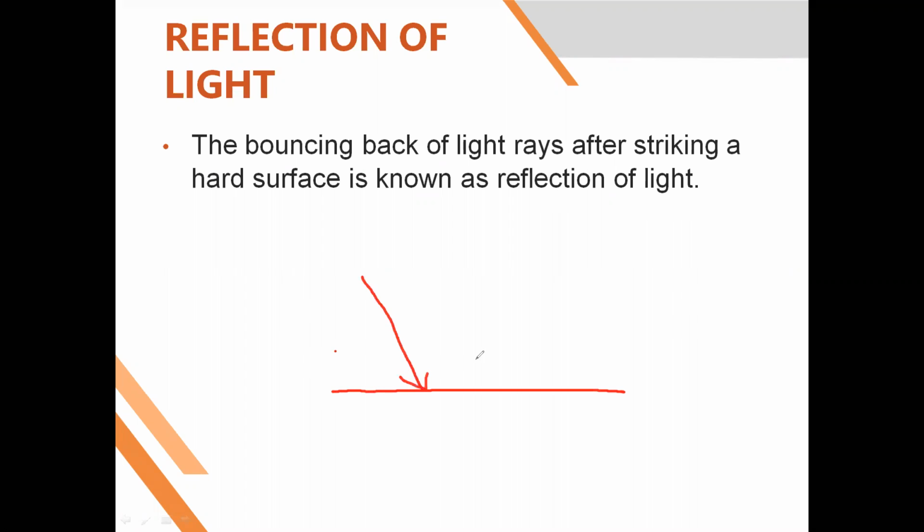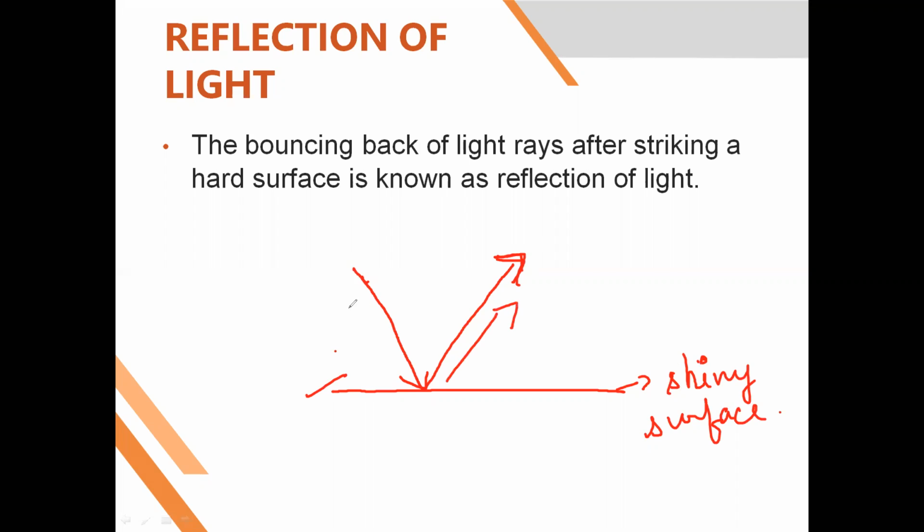After falling on the surface, this light will be reflected back, and more prominently when it is a shiny surface. At that time, you can experience this reflection on a more prominent basis. So a ray of light comes and strikes this surface and it gets reflected back. This phenomenon is known as reflection.